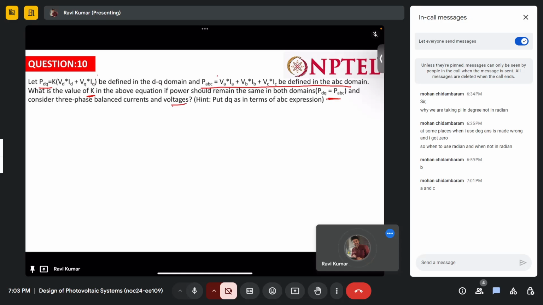The options are not correctly written, let me write them: 0.43, 0.63, 0.66, 0.77, 0.88. These are the options.